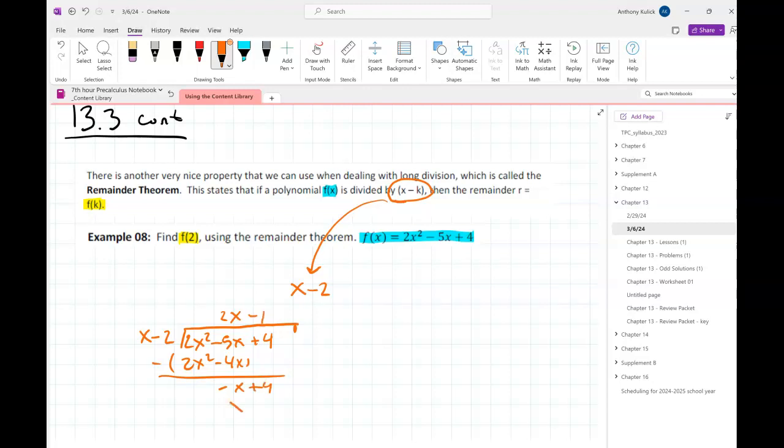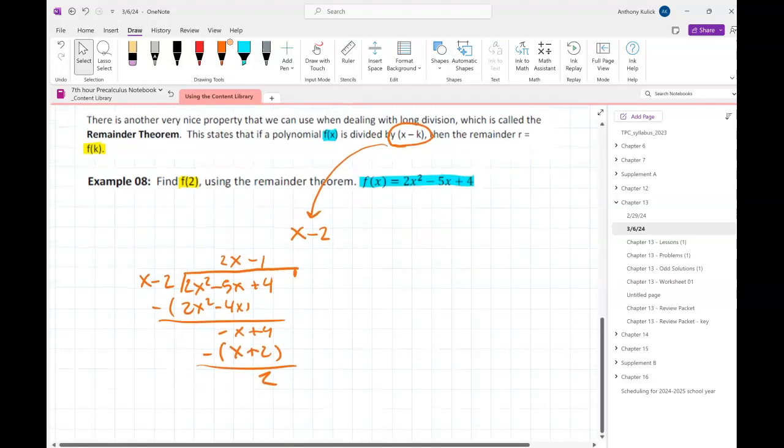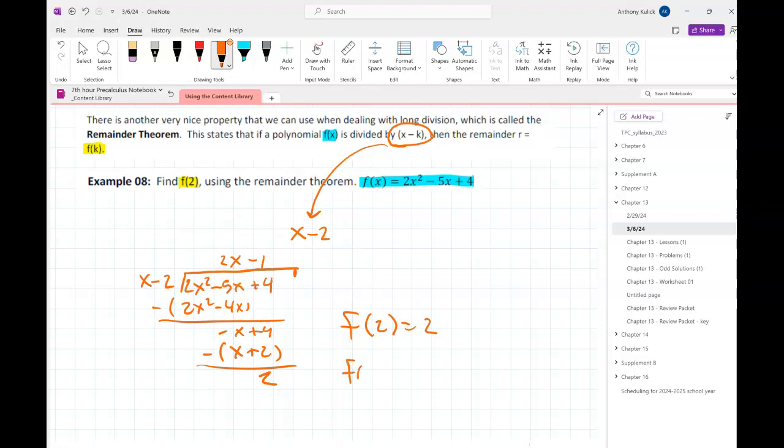Then negative 1 times x minus 2, subtract down, and that's 2. So I should be able to say that f of 2 is equal to 2. And just to confirm that, I get 4, 8, and then 4 more is 12, minus 10. That is indeed 2.